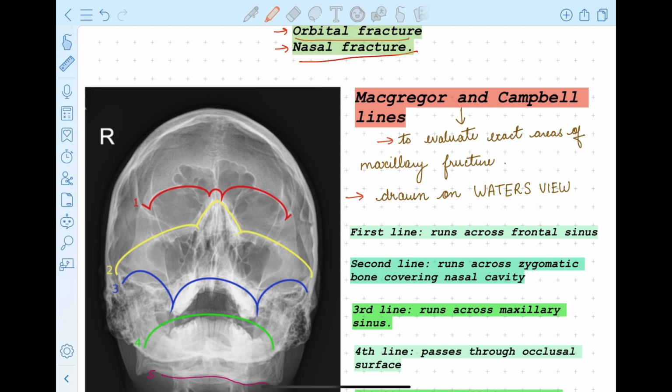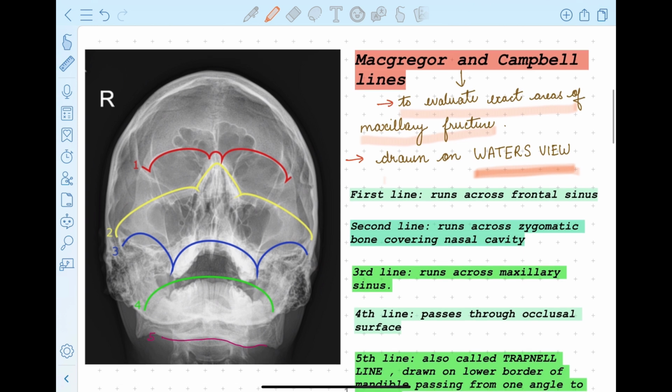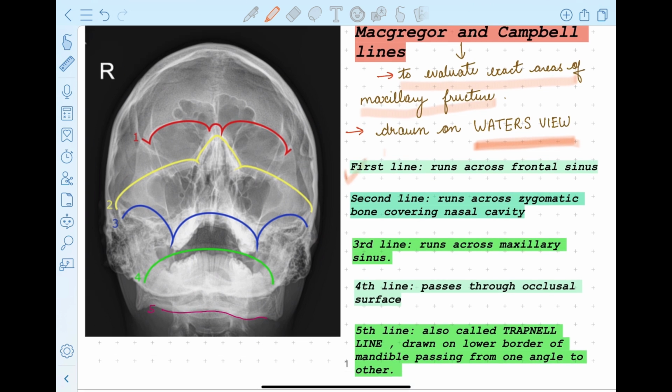These lines are drawn to evaluate the exact areas of maxillary fracture, and they are drawn on Waters view only. There are basically 5 lines. This is line number 1, line number 2, line number 3, line number 4, and line number 5.